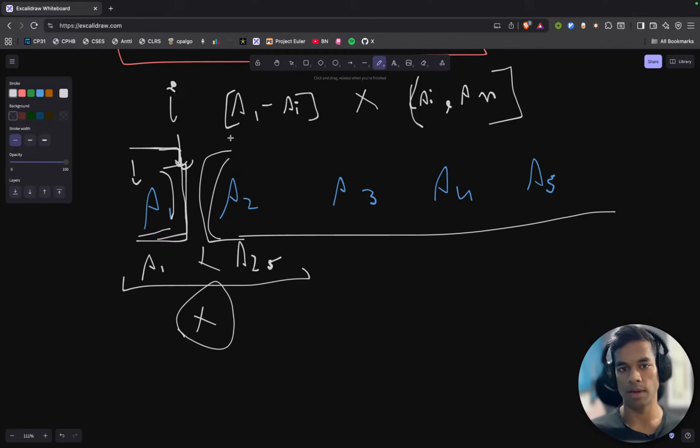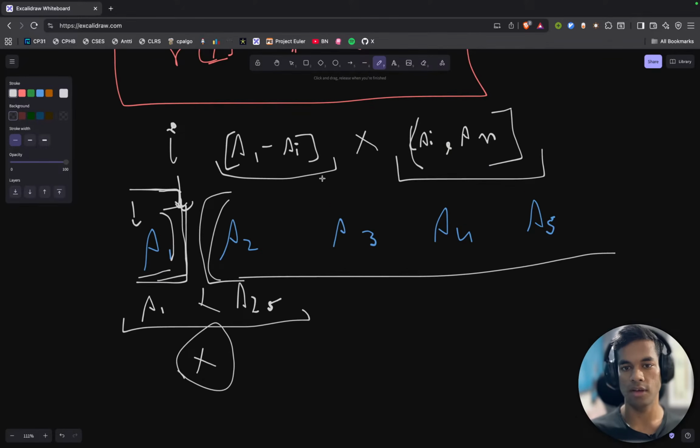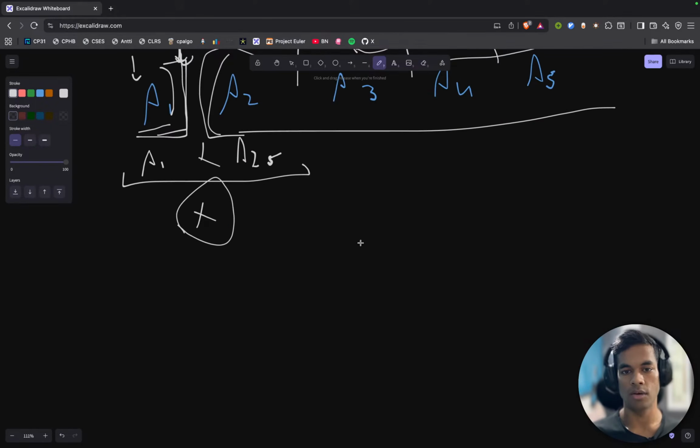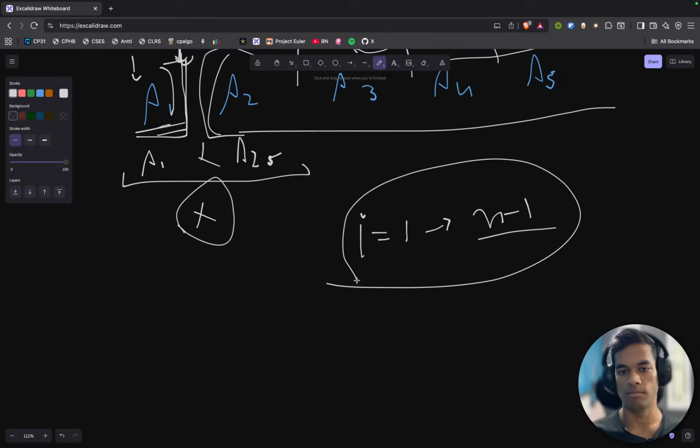And then this thing will return us some matrix, this thing will also return us some matrix, and we will multiply those two matrices, and that would involve x amount of scalar multiplications, and that would be the total number of scalar multiplications if we split this matrix product at this I location. We then iterate this I from the leftmost matrix with index 1 till the rightmost matrix minus 1, n minus 1.